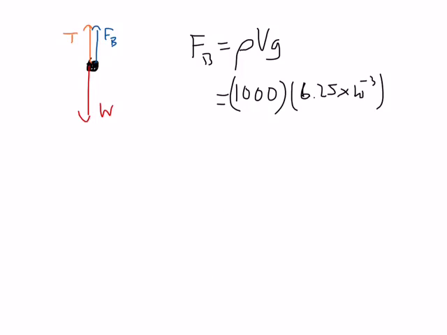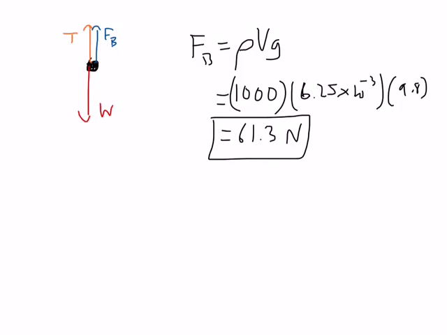Right? 6.25 times 10 to the negative third meters cubed. And I've given both those numbers in SI, which is very nice of them. And then g is just what g always is, right? 9.8 meters per second squared. So you plug all those in, and you should get 61.3 newtons. Right? And you should have 3 sig figs, it looks like, for this question.